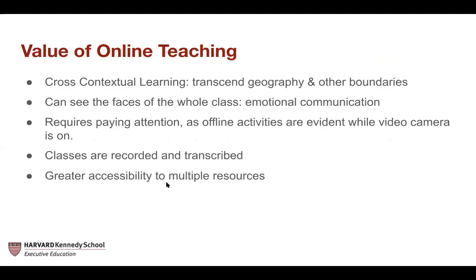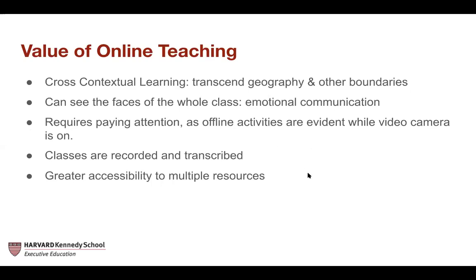Now, these are some of the values that we didn't expect that we learned. First of all, online teaching, you can do cross-contextual learning, which in our case is incredibly valuable because you can transcend geography, you can transcend neighborhoods, you can transcend all kinds of groupings and bring people together for a shared learning experience.